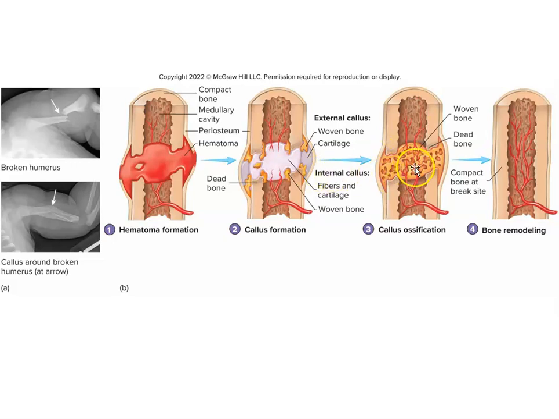Then osteoclasts will break down that cartilage. Osteoblasts will secrete bone to create a spongy bone callus. And finally, over time, that spongy bone will be modified as necessary to create compact bone. Usually, by the time this process is complete, we have a fully functional bone with maybe just a little thickening at the surface to indicate where the damage took place.